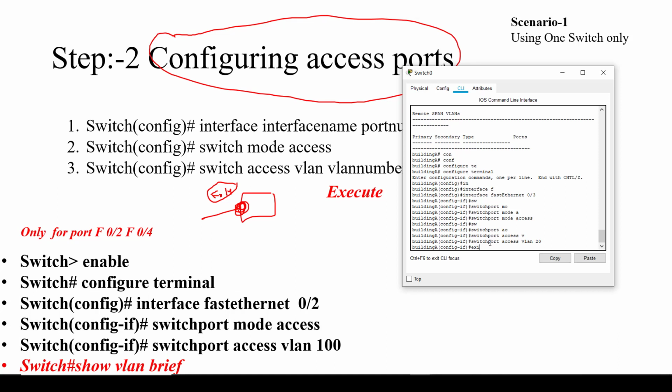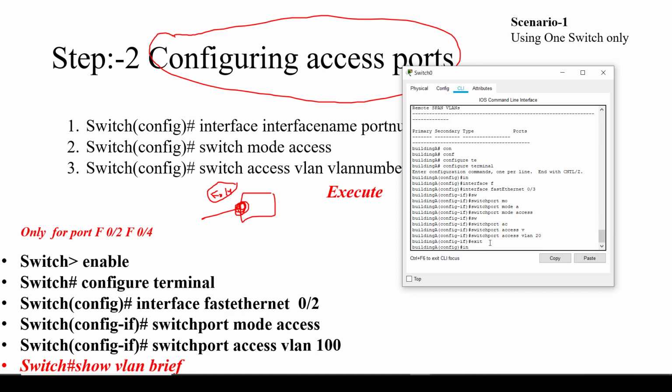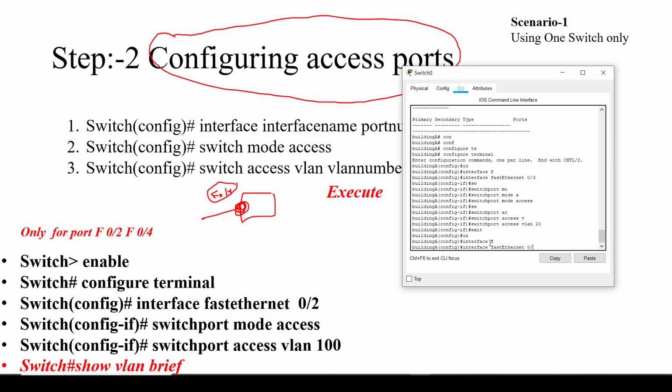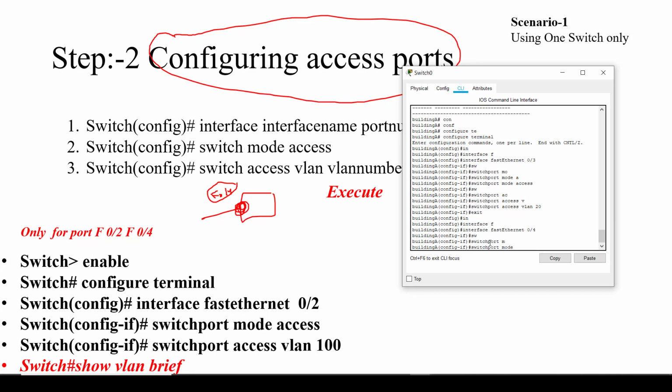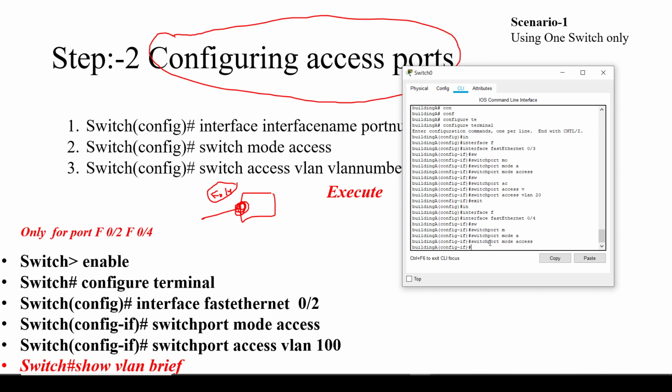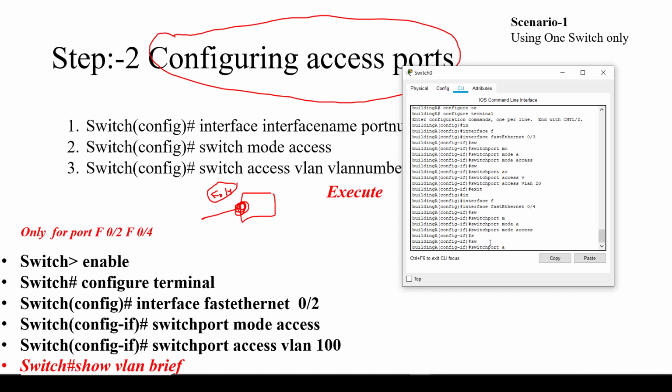Now do the same thing: exit, again interface FastEthernet 0/4, and then type switchport mode access, right? Switchport access vlan 20.